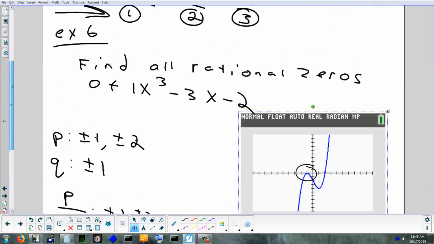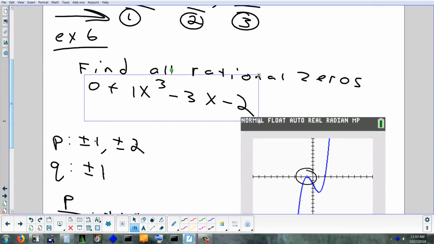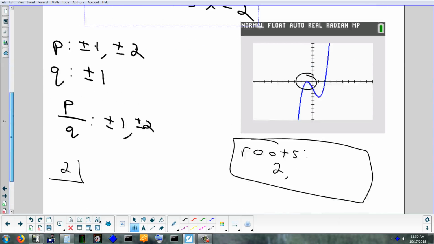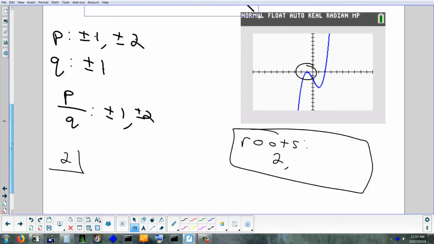And now we're going to use synthetic division, and we're going to divide this by the factor x minus 2. I already know it's a root, so my remainder is going to come out to 0. But what I'm interested in is the quotient. I want to know the quotient when I divide. So let's do 2, and then 1, 0, negative 3, negative 2.